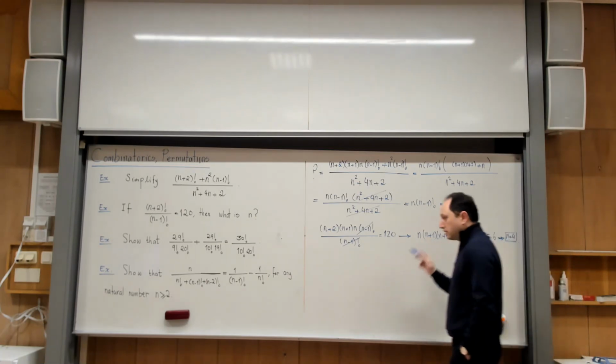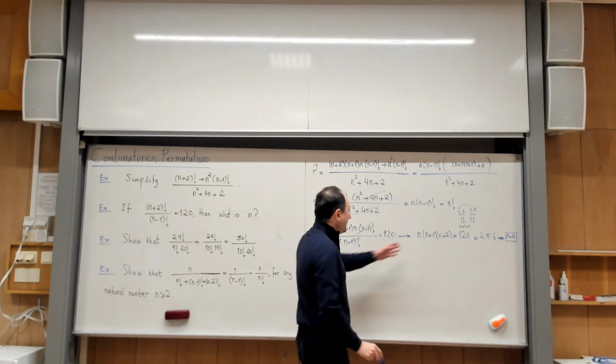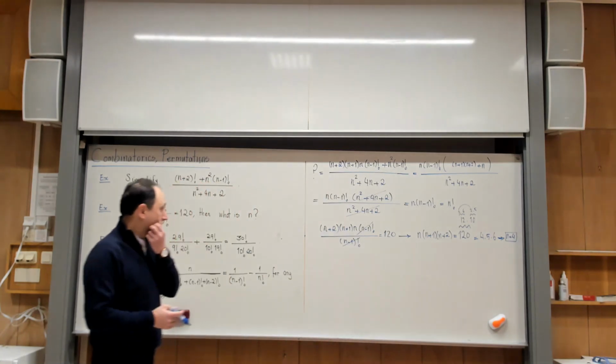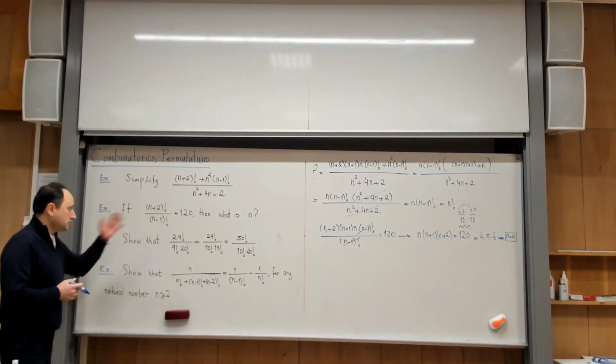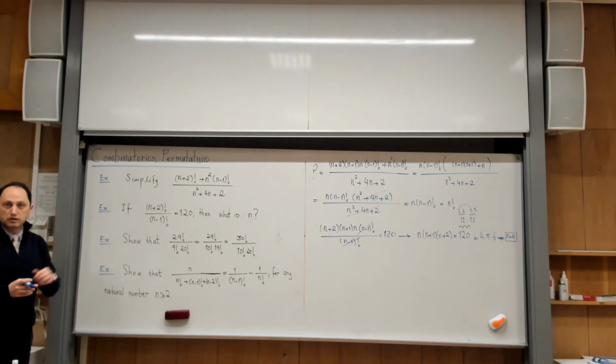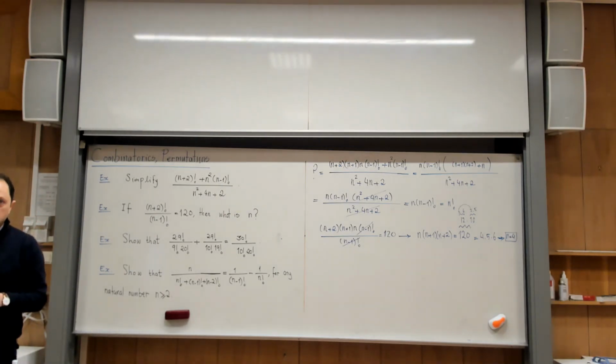This method is not correct if instead of n I have x, and x is a real number. But because I know that this is supposed to be an integer, it is possible to do it right now. Any questions regarding that? Understandable?